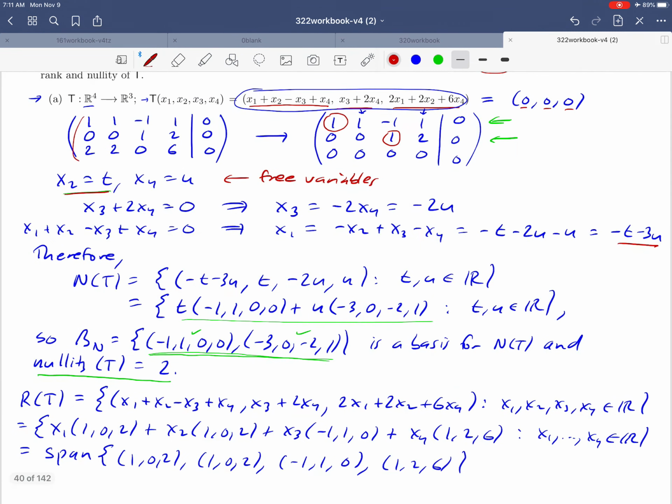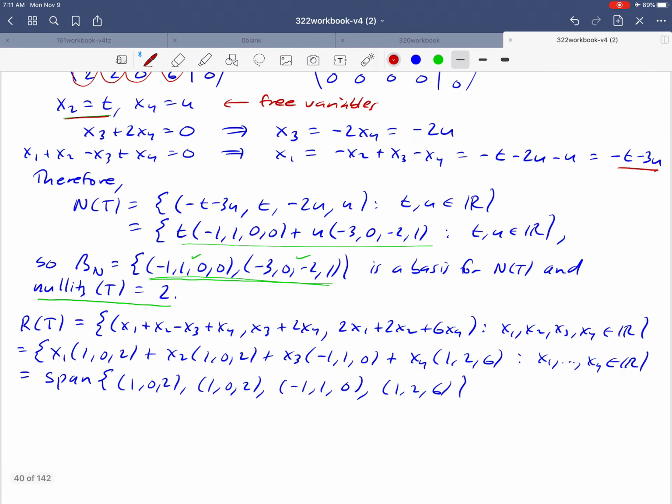Those were exactly the columns of this matrix up here. Okay, and that's a very important observation. I'm going to make it down here. So, columns of coefficient matrix above.